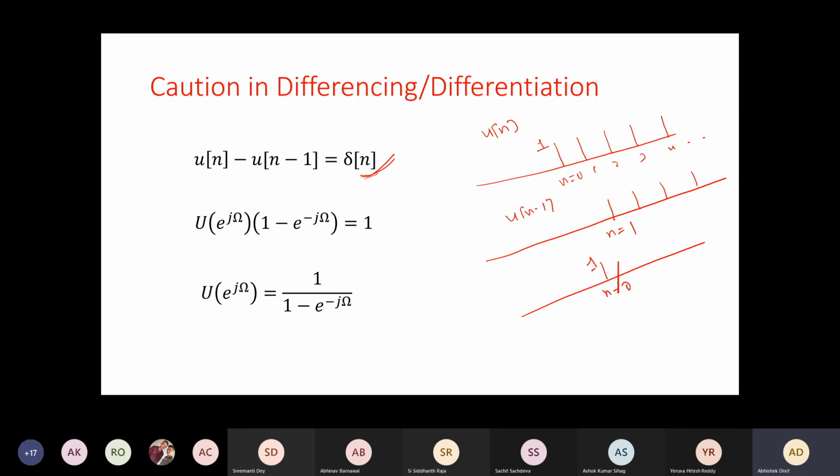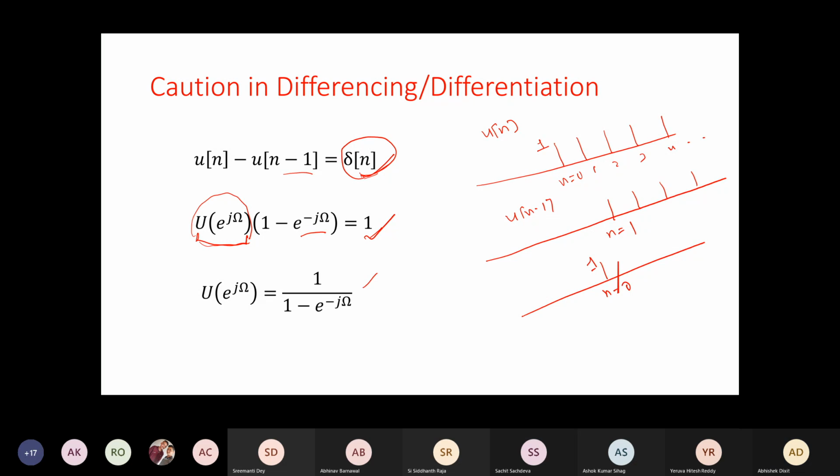Now let me use the differencing operation. u[n], let me call that it has a DTFT U(e^jω). u[n-1] will have this multiplied by this. And δ[n] we have seen has a DTFT 1. Now this is correct. There is no ambiguity here. But now, if you want to find U(e^jω) by the DTFT of δ[n], and if you do something like this, it is going to be incorrect.